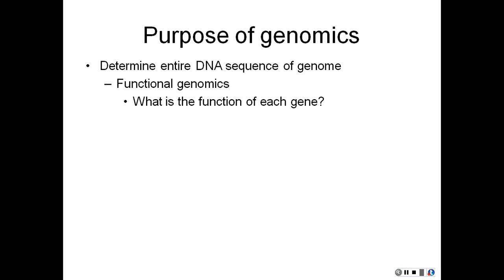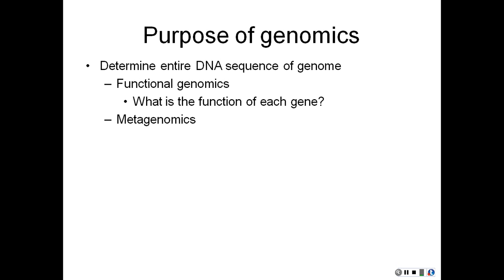Remember that protein-encoding genes in the mRNA are going to start with a start codon, AUG, and end with a stop codon. And we can find start and stop codons in the DNA, right? Because the mRNA comes from the DNA. So we can look in the DNA and find those open reading frames and say, here's a gene. Okay, what's the sequence? And then try to figure out the function of that gene, what protein comes from the gene, what job it does in the cell. And so that's functional genomics.